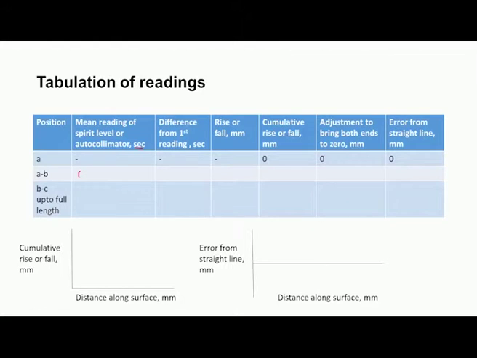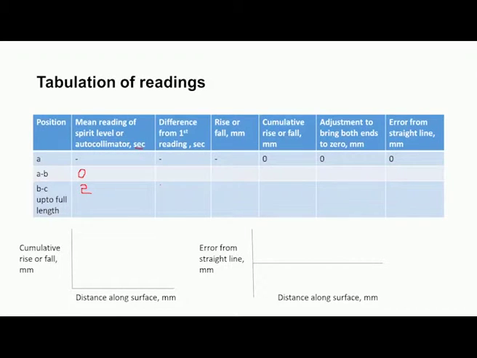If, say, the AB reading is 0 and at BC it is 2, then the difference from the first reading is 2.